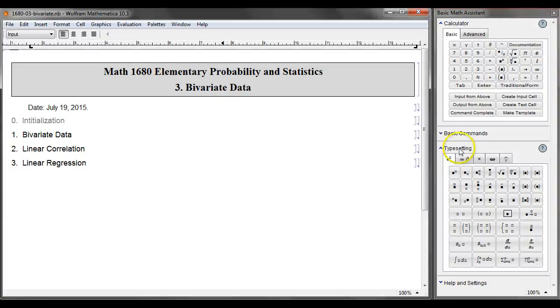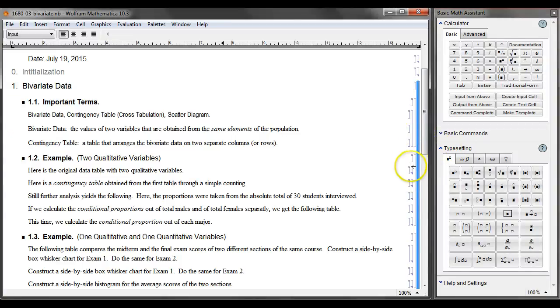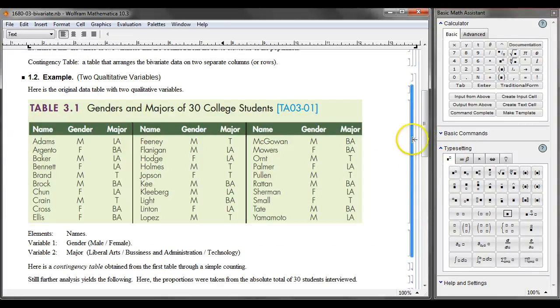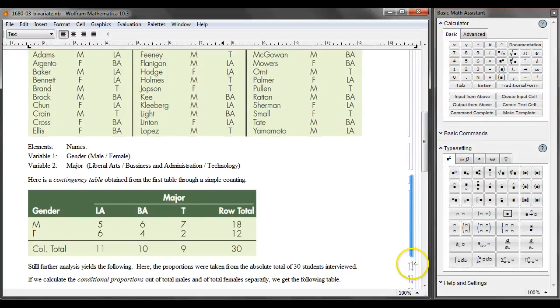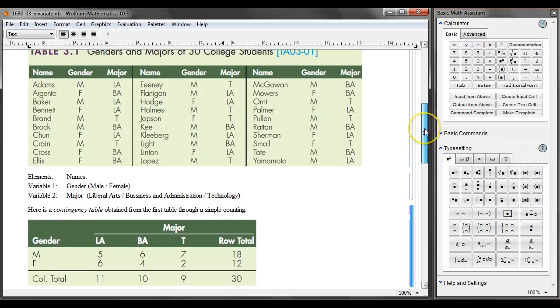Now let's consider this in a little bit more detail. For that purpose, let's open up my notebook here. Here is the same table. And let's do some counting. Let's count the number of male liberal arts majors, female liberal arts majors, male business majors, female business majors, and so on and so forth.